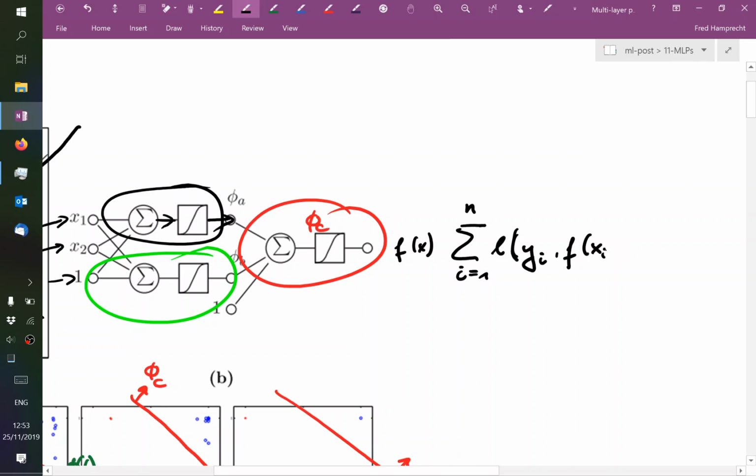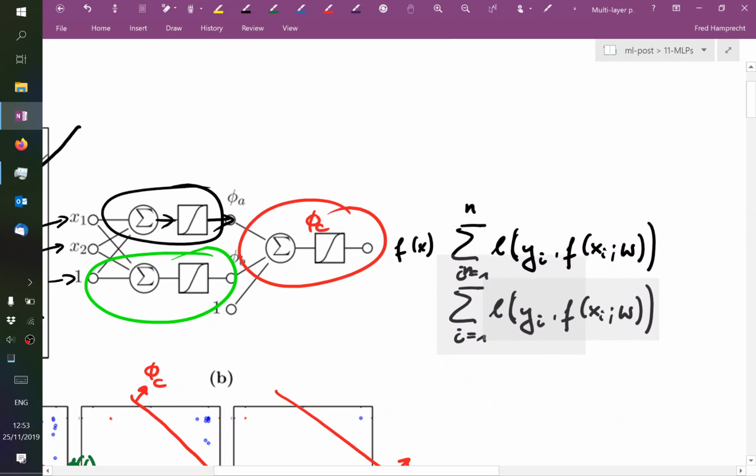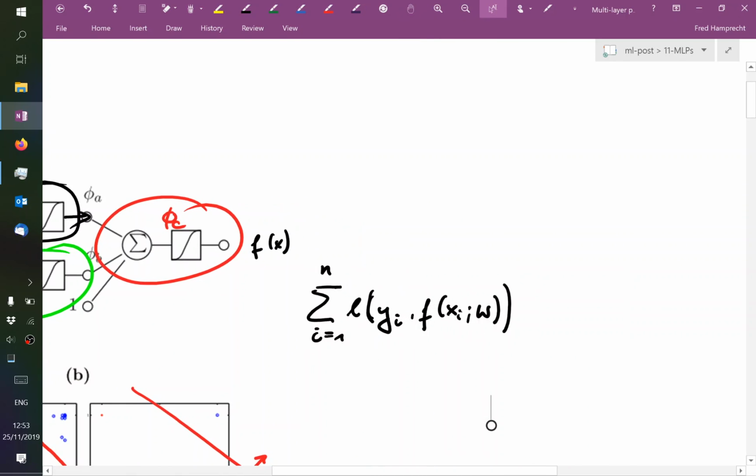My prediction of the neural network depends on the parameters WA, WB, WC. I write in short, it depends on all the parameters W. So this entire thing, for a given training set, gives me some kind of loss, which I can call a function epsilon of W.